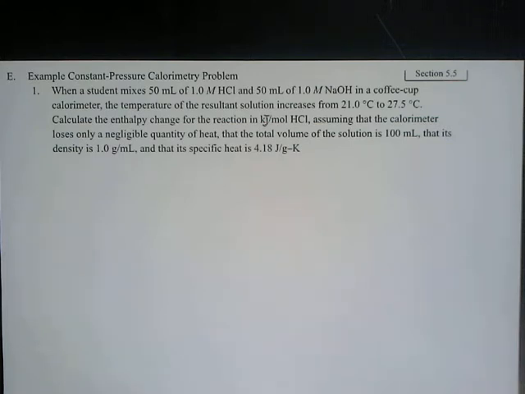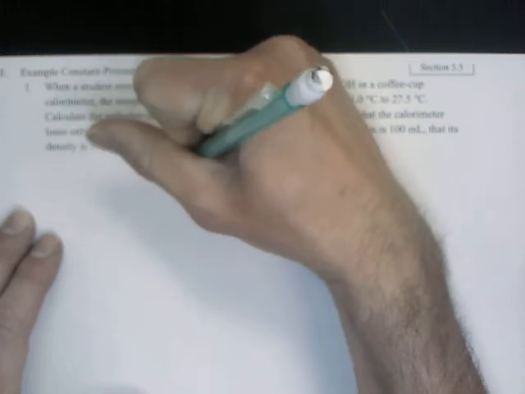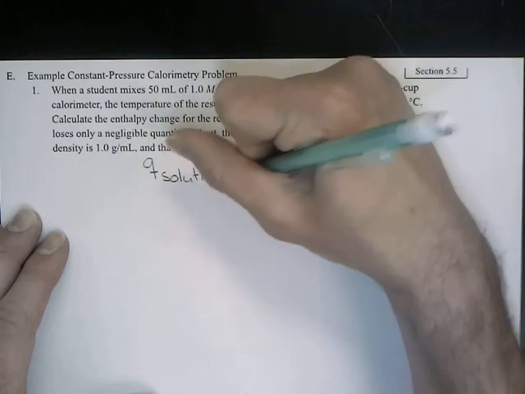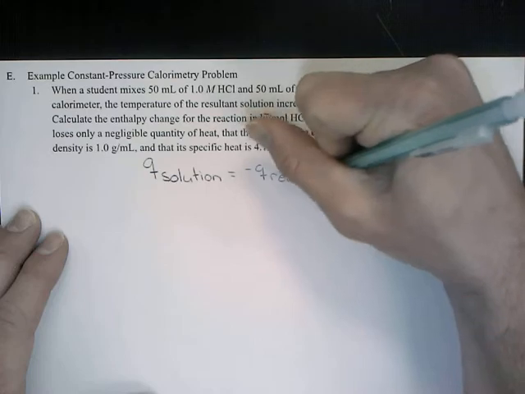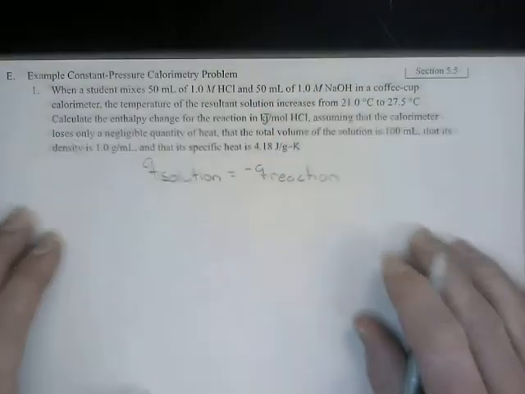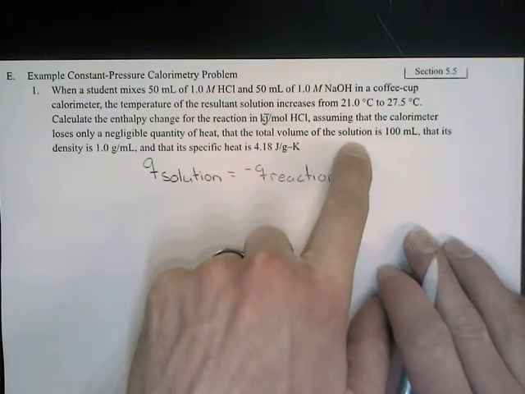So we have a lot going on here, and I'm going to break this down into specific pieces from the formula we just talked about on the last page. Our heat of the solution is equal to the heat loss, negative Q, of the reaction. If you've read this carefully, we have the values of the solution.